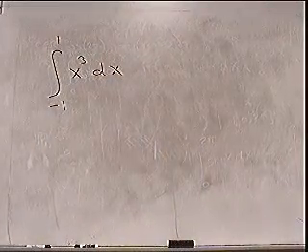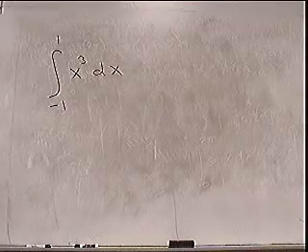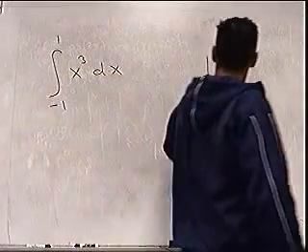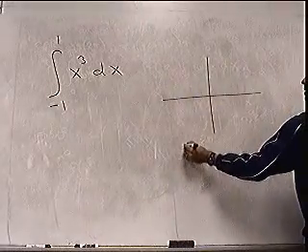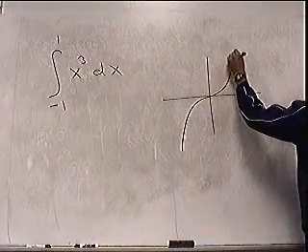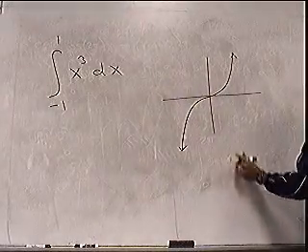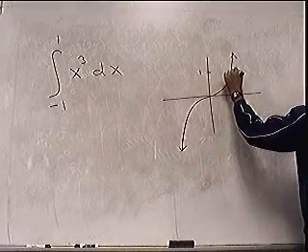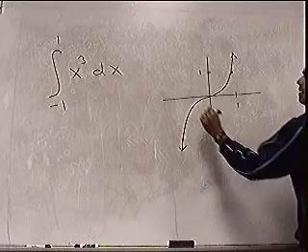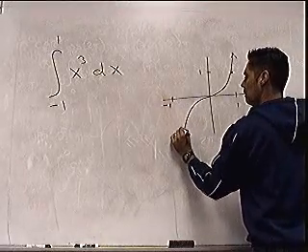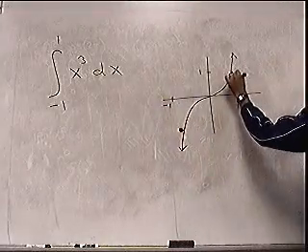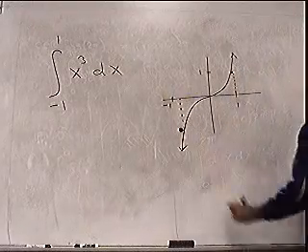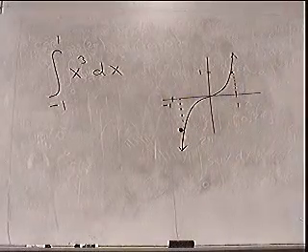Kind of got to know what x cubed looks like here to do this. X cubed looks like this, right? And at 1, you're at 1. Agreed? At -1, you're at -1. And so the total area would be what?